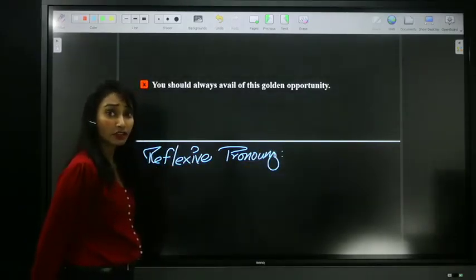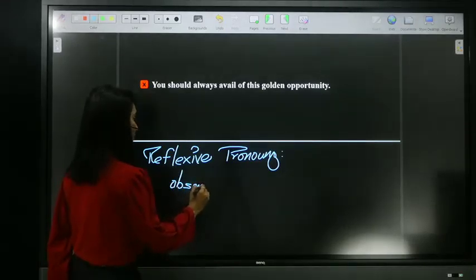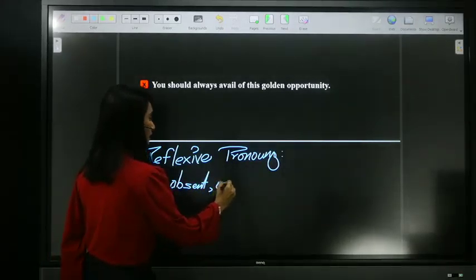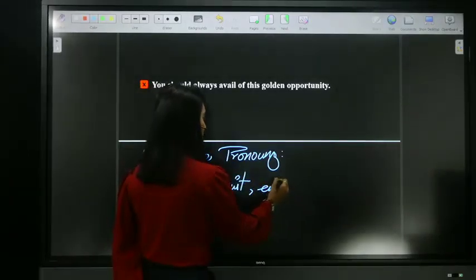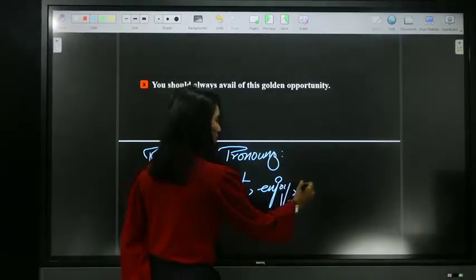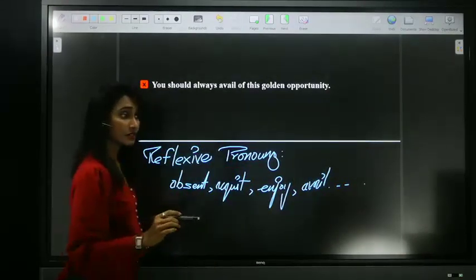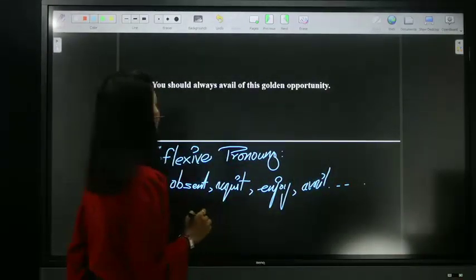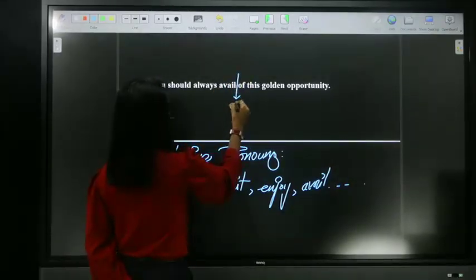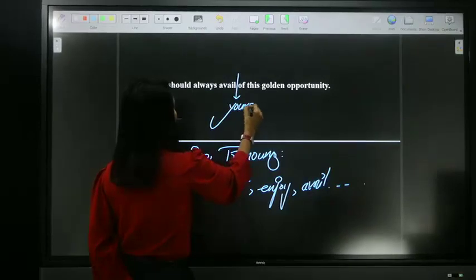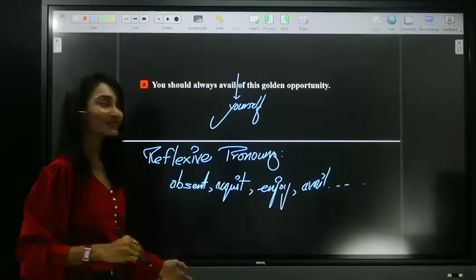I have given you the list of verbs like absent, acquit, enjoy, overreach, avail, etc. They generally take, yes, Karthikeyan, you're right, reflexive pronouns. So you should always avail yourself of this golden opportunity, right? Now let's see the next.